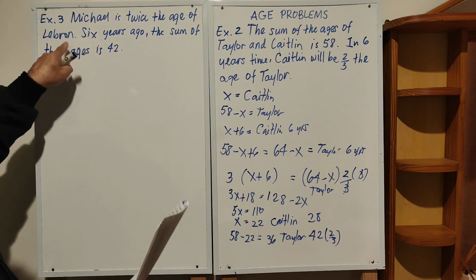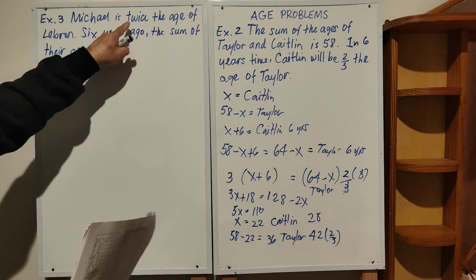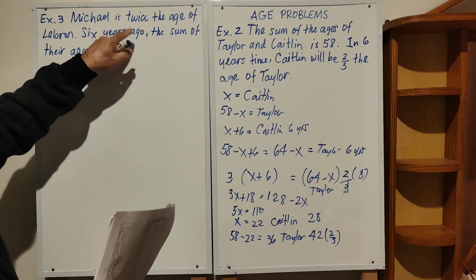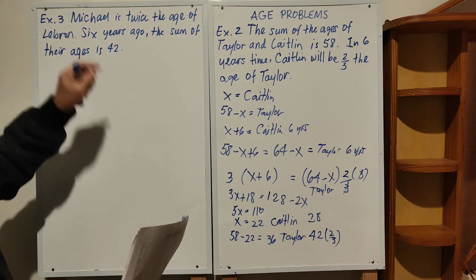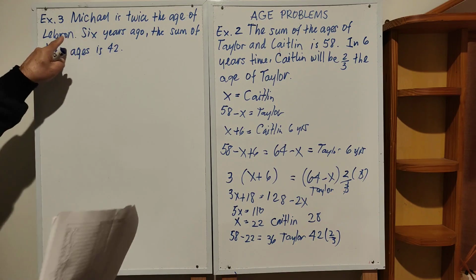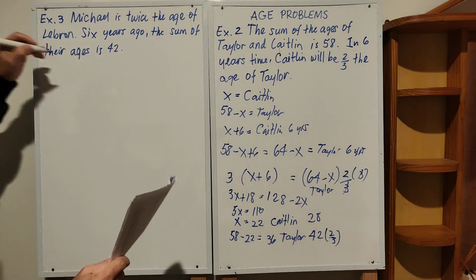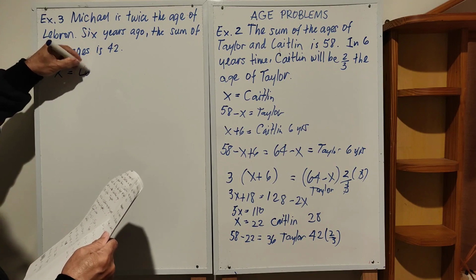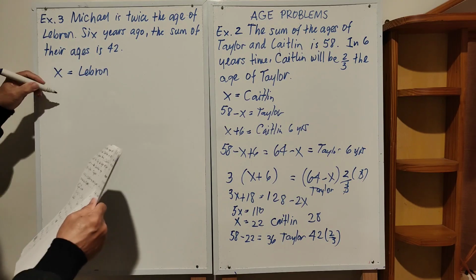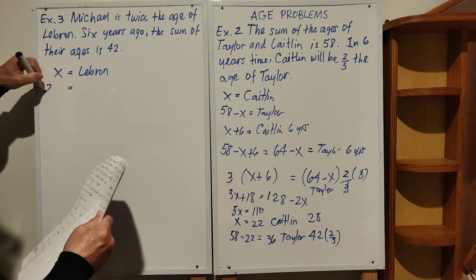What I usually do, if it's a whole number comparing the two, is put x on the younger one. So LeBron would be x, and Michael would be 2x, because he is twice.